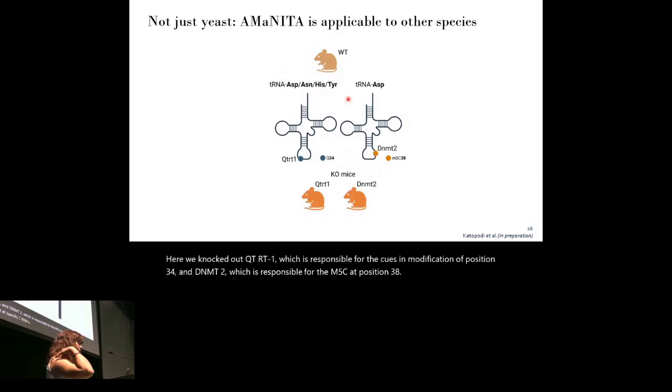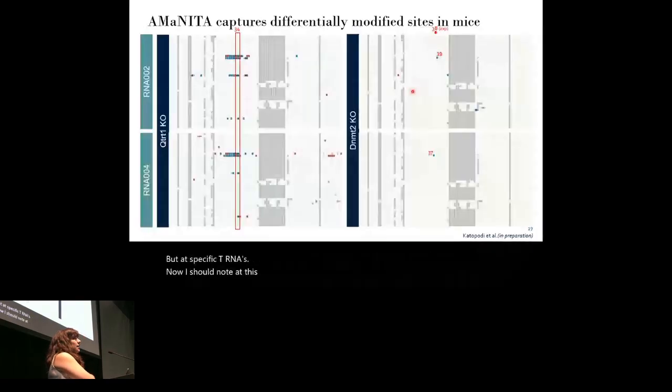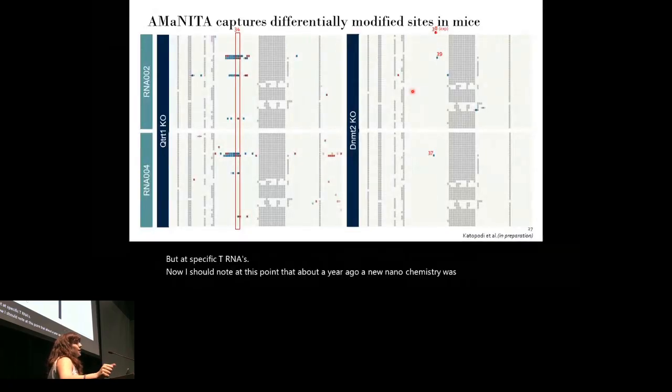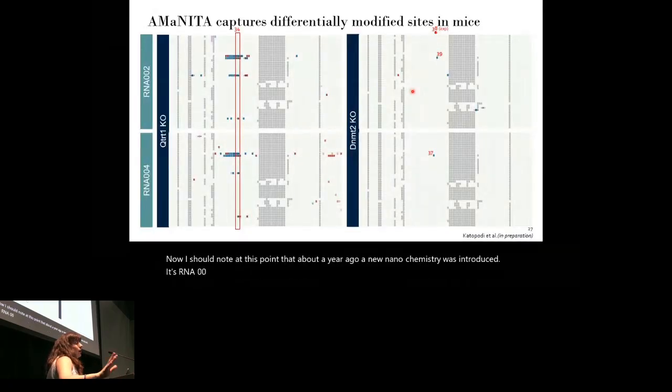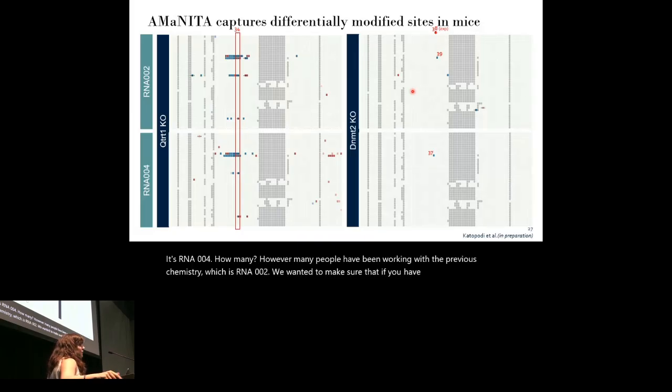Now, I should note at this point that about a year ago, a new nanopore chemistry was introduced. It's RNA 004. However, many people have been working with the previous chemistry, which is RNA 002. We wanted to make sure that if you have data from the previous chemistry, it will not go to waste, and that this tool is robust across chemistries.